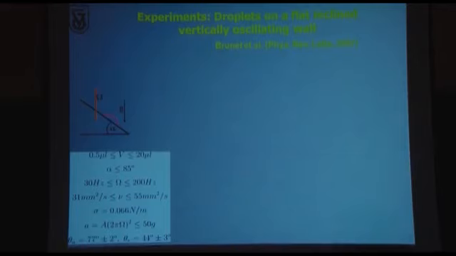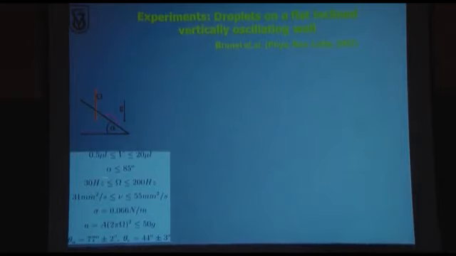Now, I will immediately reveal the identity of these guys and show you the results. What they did, they used a sufficiently wide range for the volume of the droplet, in microliters. The angles were up to 85 degrees, which means almost vertical, right?